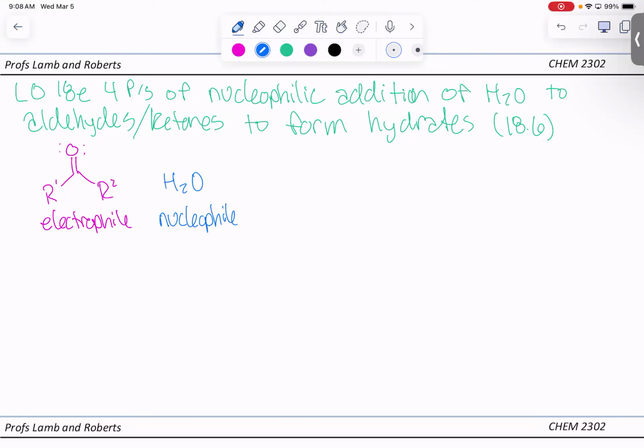I will tell you, we're going to talk about this under acidic and basic conditions, so I'm going to say "or it's used to generate the nucleophile," because depending on the conditions we run it under, sometimes our nucleophile is going to be hydroxide. It comes from the water ultimately. Then this is where our equilibrium comes in, and we'll talk about how to figure out where the equilibrium lies. So we have equilibrium arrows and an acid or base catalyst. And the product that we're going to get is one of those new functional groups that we learned about, which is our hydrate.